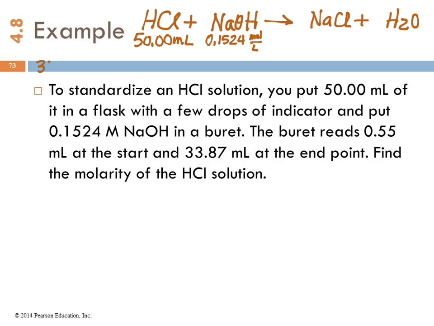We take 33, you see that okay? 33.87 milliliters minus 0.55 milliliters equals 33.32, right? It's always scary when I do math in my head. Oh, and that ended up right under there where it's supposed to be.